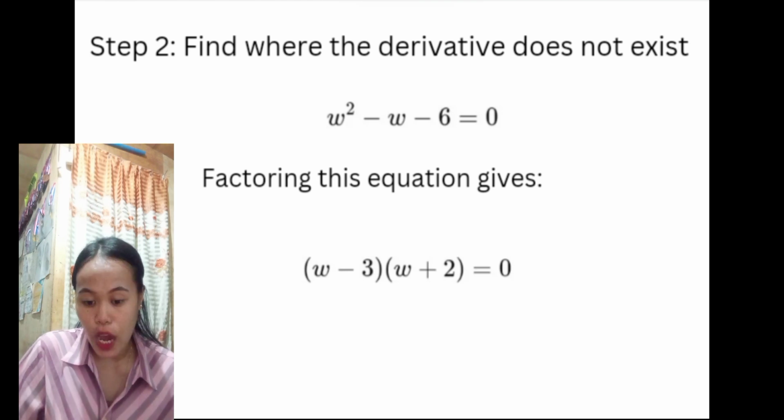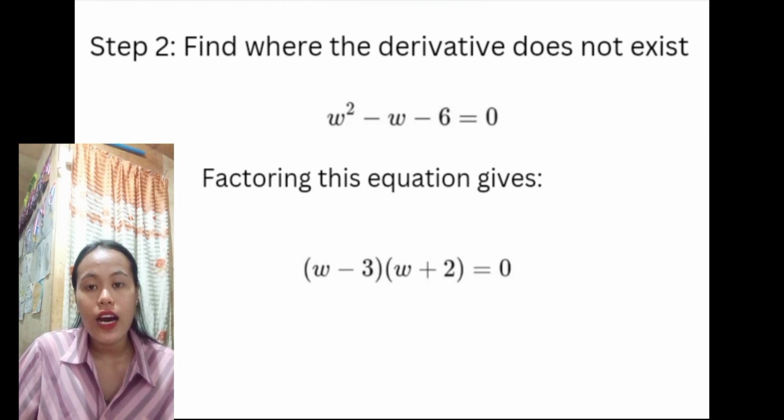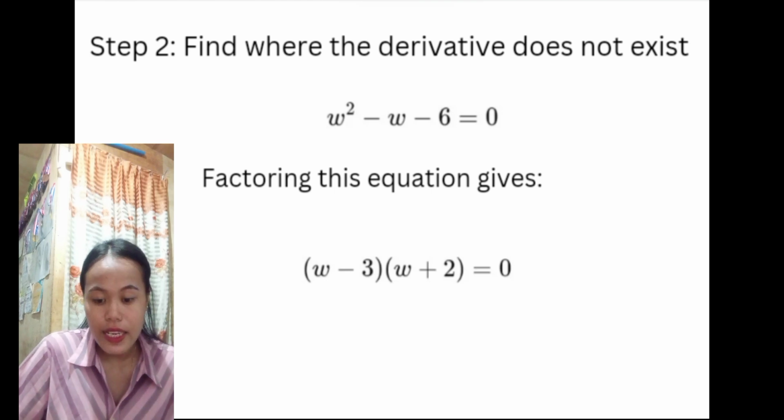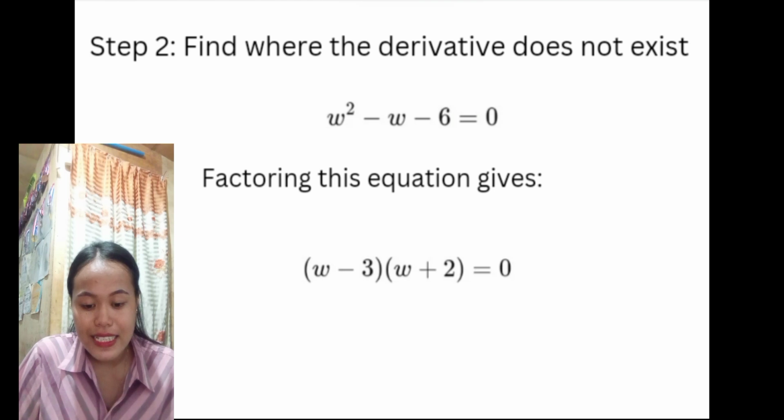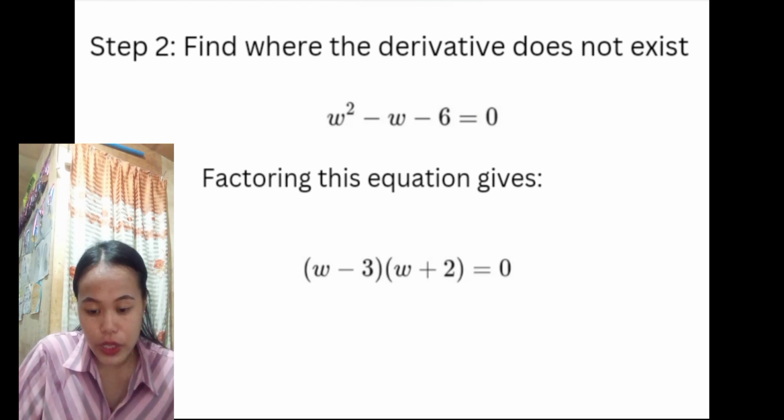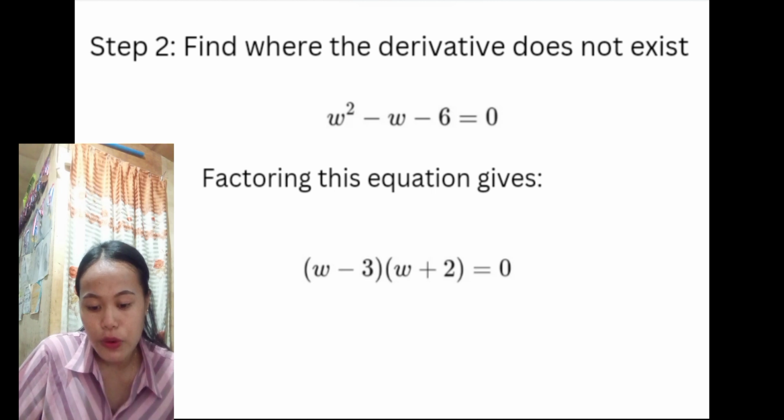Factoring, we get W minus 3 times W plus 2 is equal to 0. So the derivative does not exist at W equals 3 and W equals negative 2.